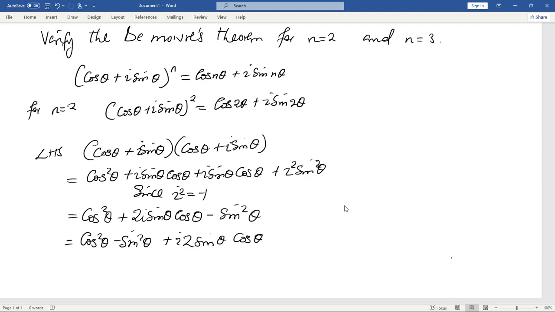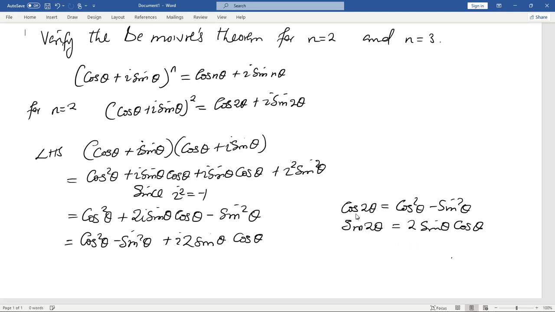So now remember that the identity of cos 2 theta is simply equal to cos squared theta minus sin squared theta. We know that cos 2 theta has 3 identities, but we're simply going to focus on this one here. Then for sin 2 theta, the identity is 2 sin theta cos theta.